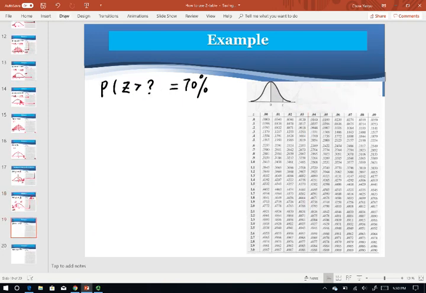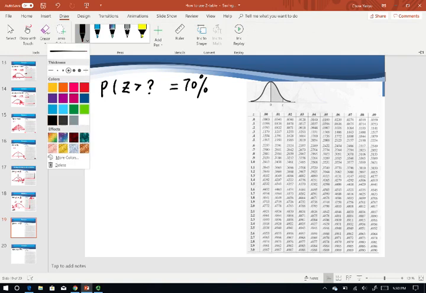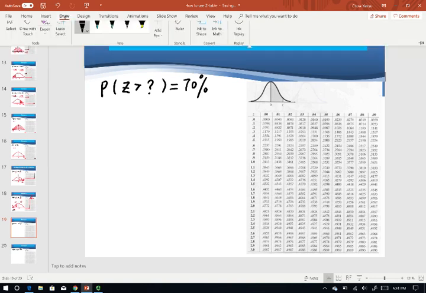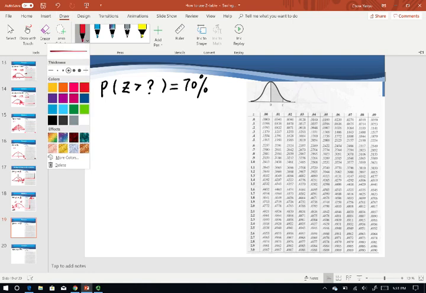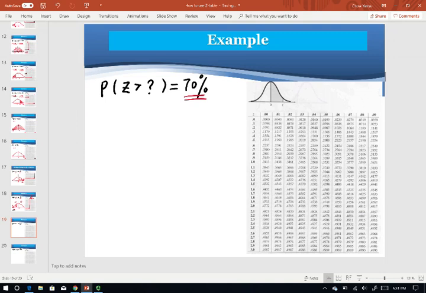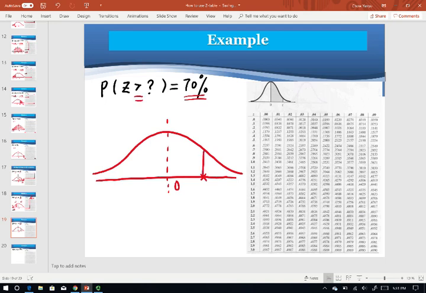Okay, so one more. Let's see. Find the z-score so that higher than the z-score, it will be 70%. So let's draw the curve. Right now, we don't know if the z-score is on the left or on the right. We can try. If the z-score is on the right, put a line, bigger than, so it will be everything on the right, and this area is 70%.